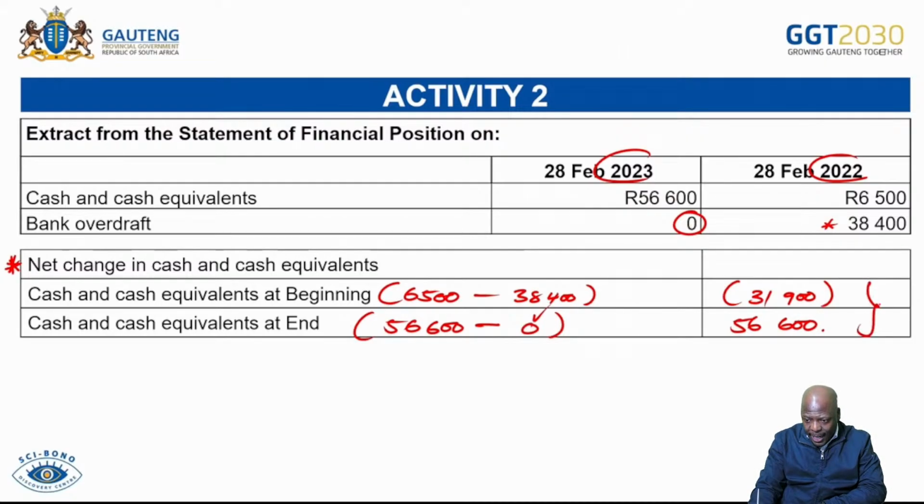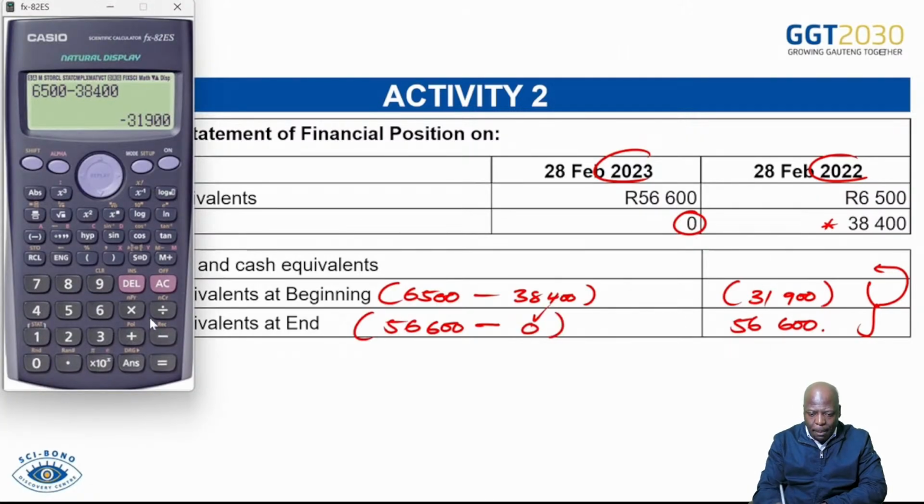Now I want to calculate going up. I'm starting from the bottom, remember, and at the bottom is 56.6. Then do I say minus 31,900?